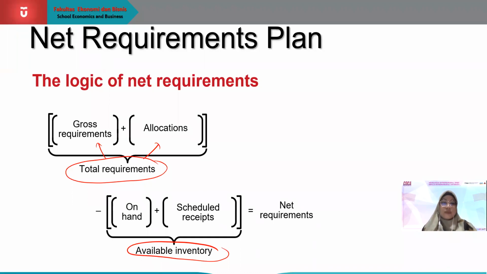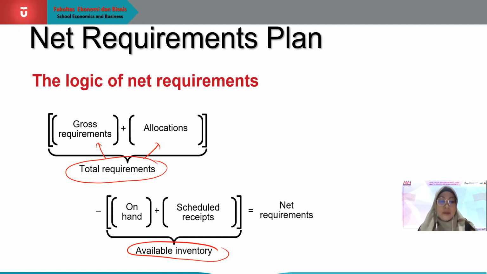So allocation means that this product is already sold, or this product is produced for another customer. That is the allocation.